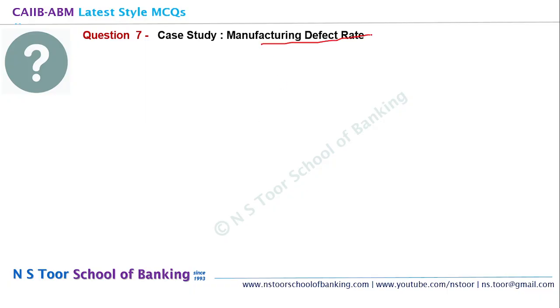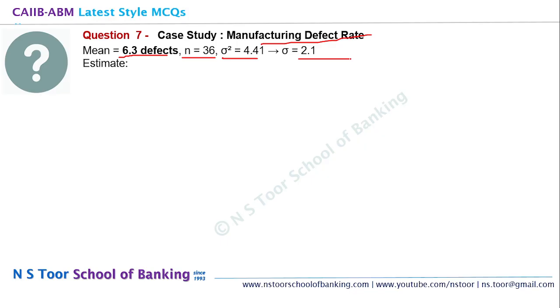There is a case study on manufacturing defect rate. Here they have given us the mean. What is the mean? 6.3 defects. n is equal to 36. Then, what is the sigma square? It is population variance. Population variance is 4.41. So when the population variance is 4.41, the standard deviation will be the square root, that is 2.1.